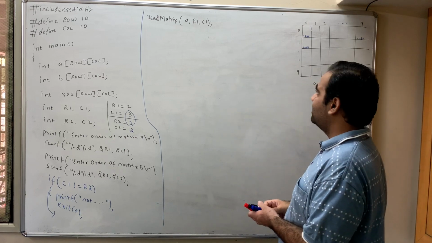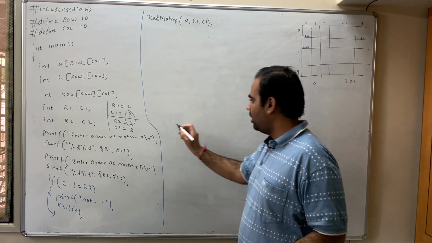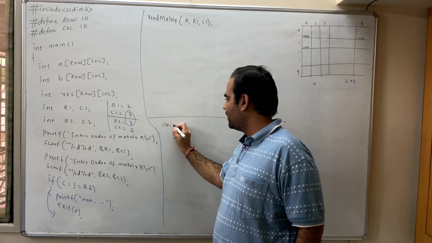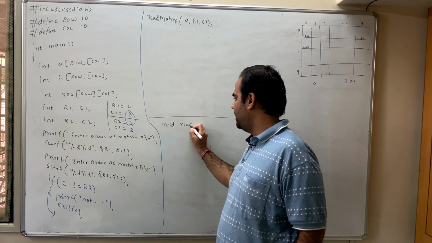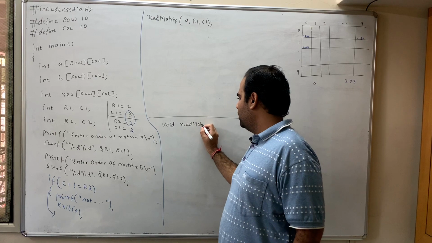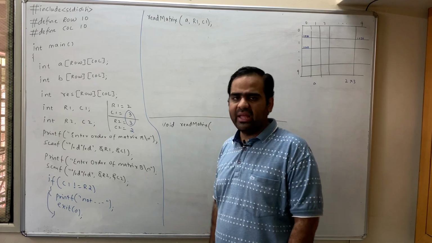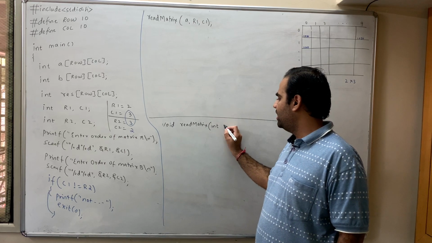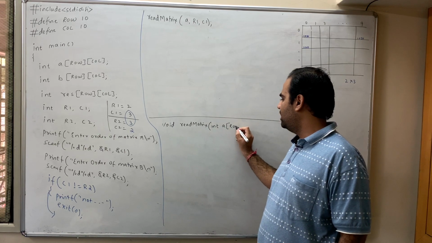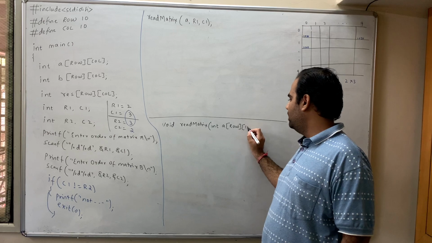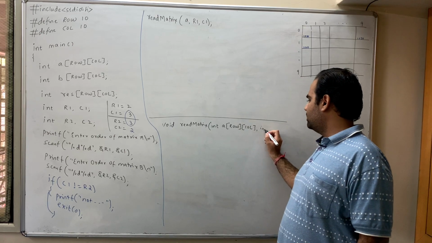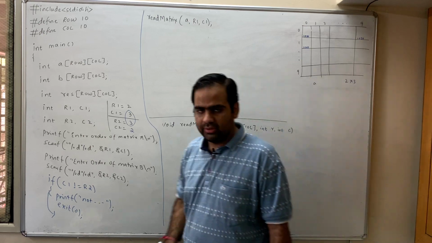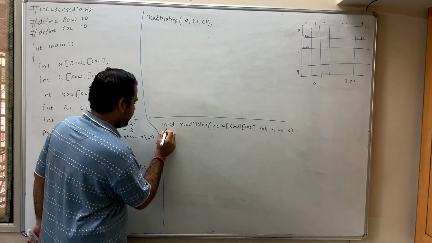And we want to write the read matrix function. Now how are we going to write the read matrix function? We say void, and the function name is read matrix. What is the first parameter? It is A, an integer 2-dimensional array. What is the second parameter? The number of rows. And the third parameter? The number of columns. And how do we read it?